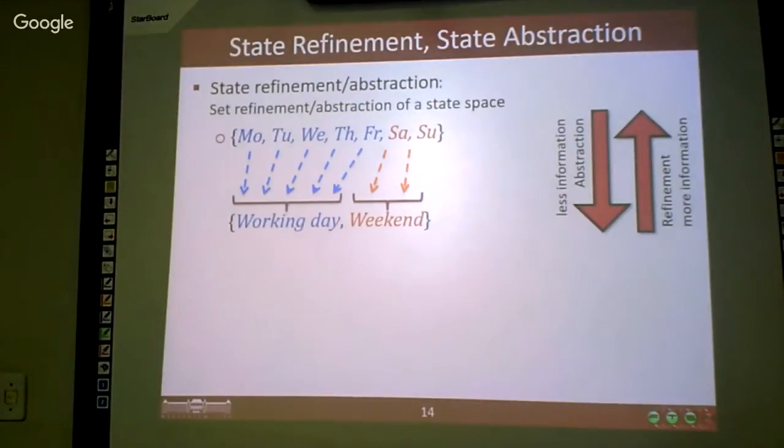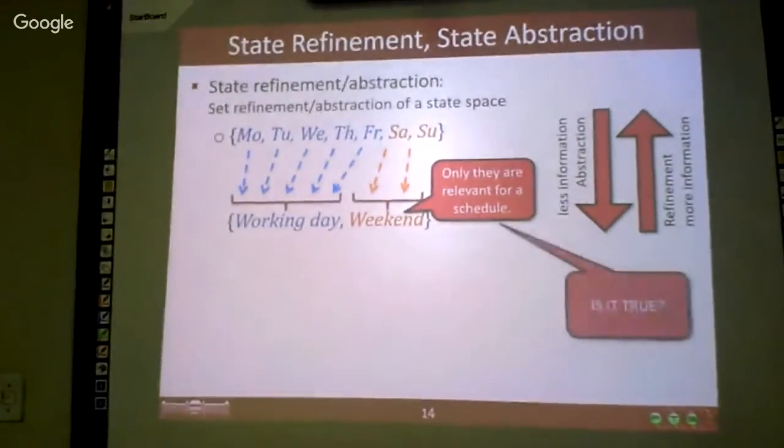And you will like that so much. So it's important sometimes to know the details of the working days. This way we can define refinement, and when we want to have less information, then we use abstraction.